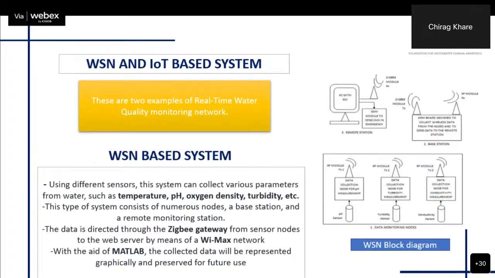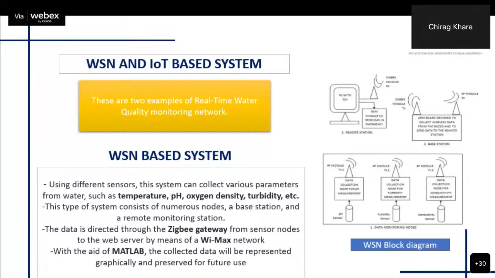Now, moving on, we'll talk about the different systems that can be implemented and used to make a real-time water quality monitoring network. First, we'll talk about wireless sensor networks.